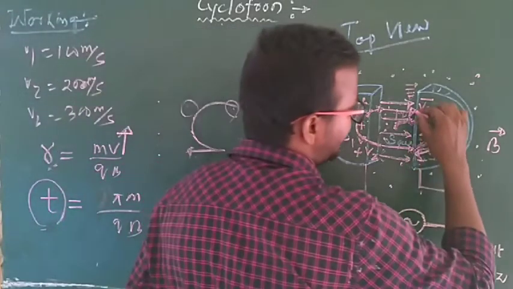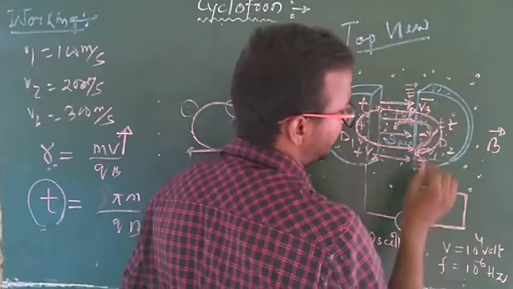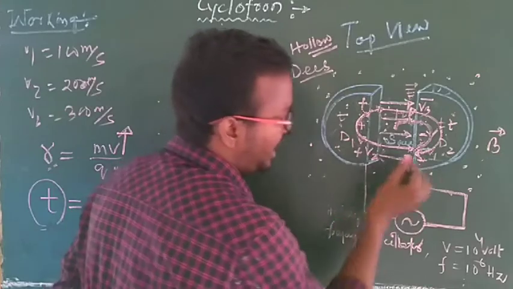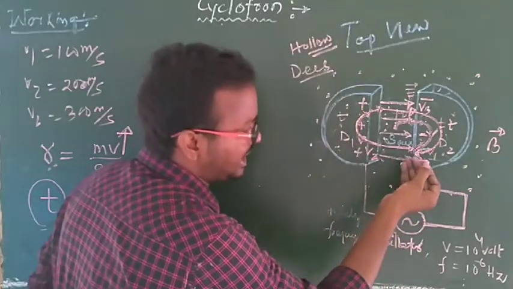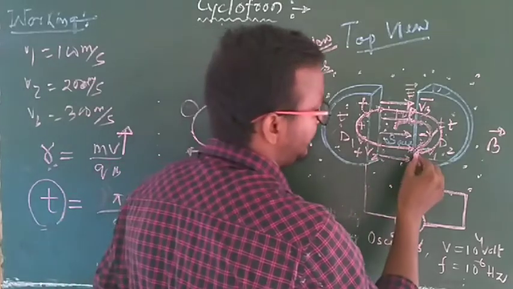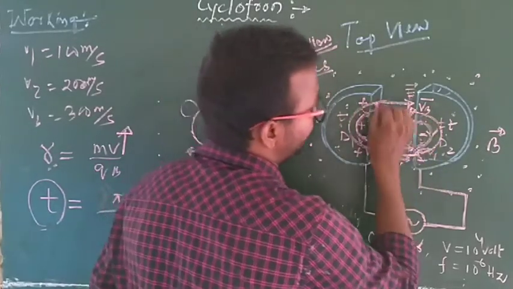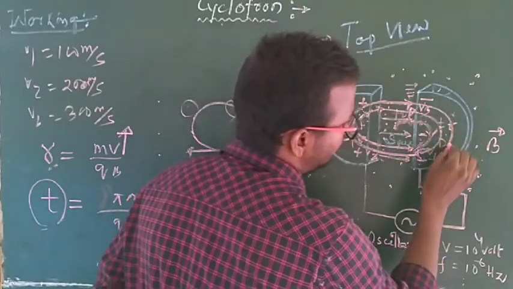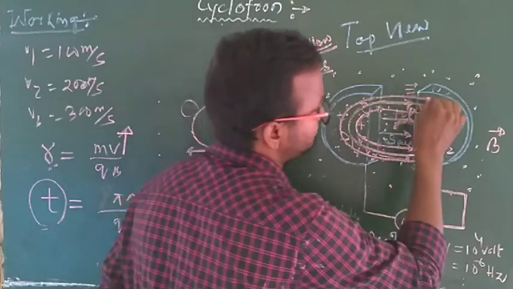It only changes its direction and the speed remains constant, that is v3. And again when it exits D2, the electric field also changes and welcomes the charged particle. In this way the charged particle accelerates and describes a circular or spiral path.